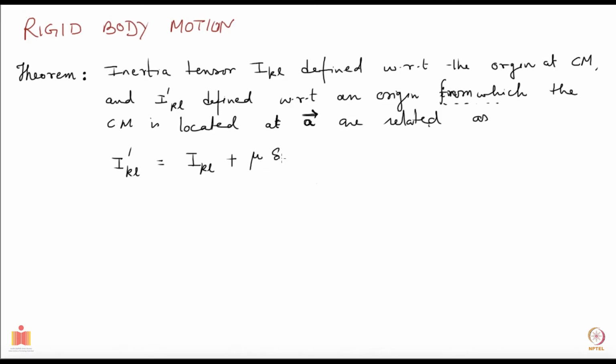You see there are two indices here, so whatever I write down should also have two free indices, and this is what you'll get. If you look at this, it is as if there is a particle of mass mu located at this place, vector A.